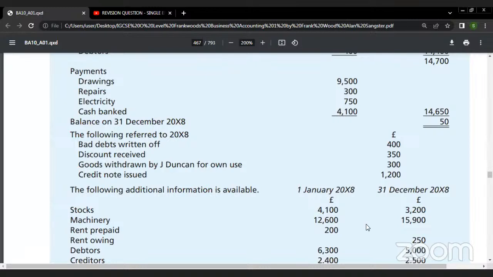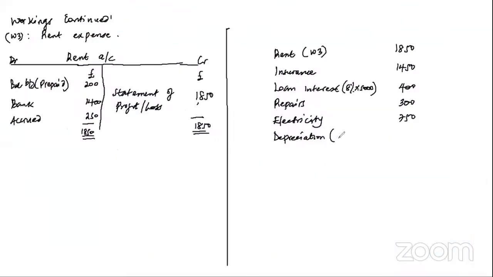That is 15,900 minus 12,600 to come up with the depreciation expense value. So you simply get the difference between these two values to come up with your depreciation.